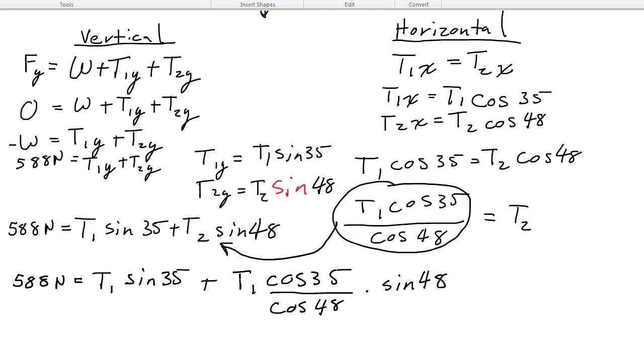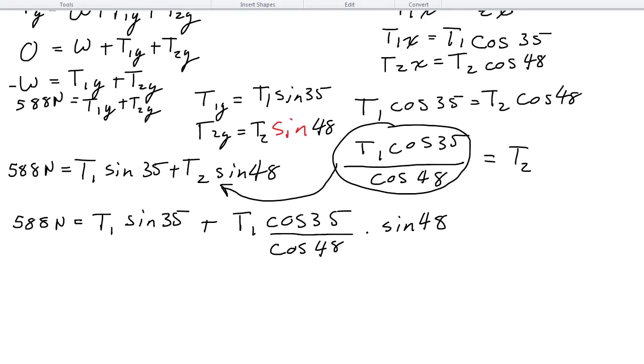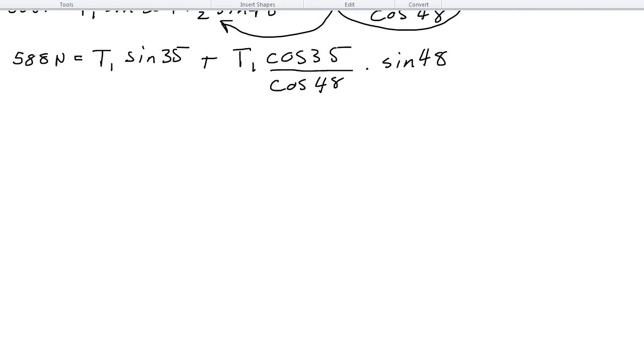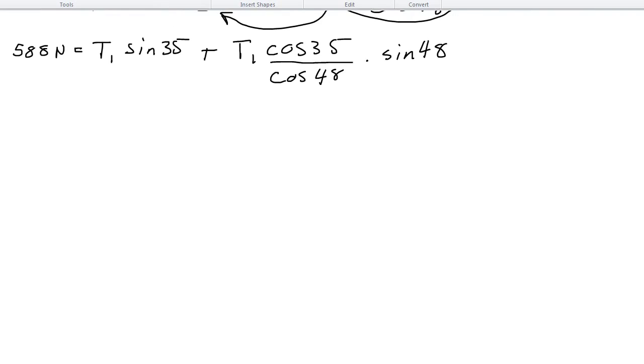Okay, so I just substituted the whole equation in for that equation. Okay, this takes a lot of space. It's really satisfying once you finish solving these.